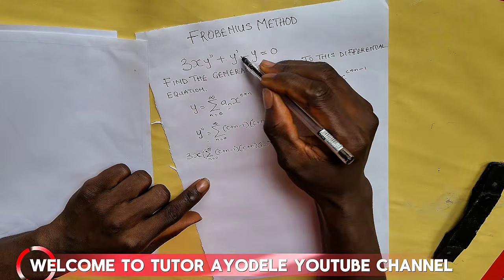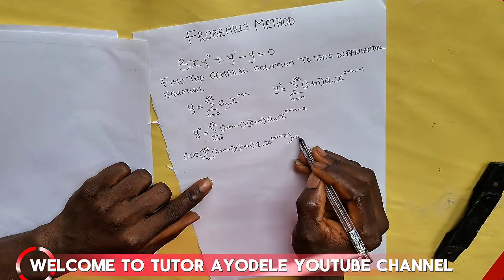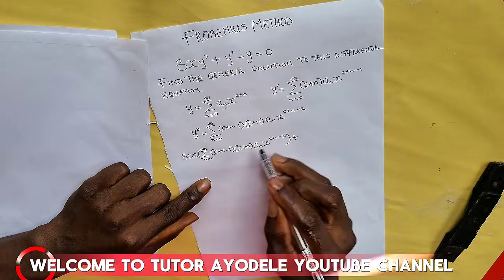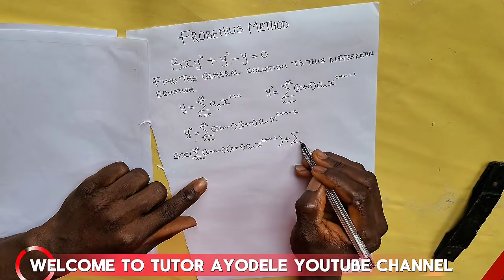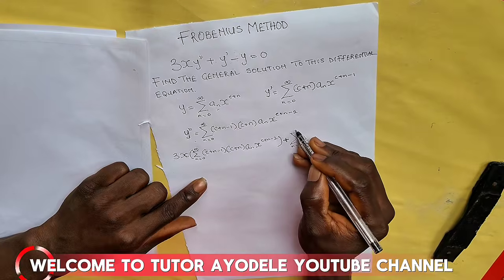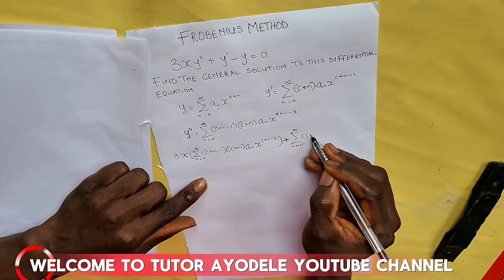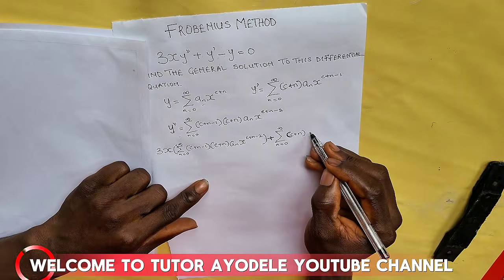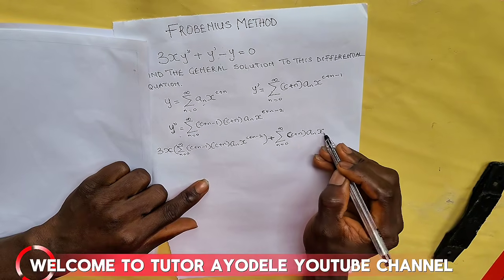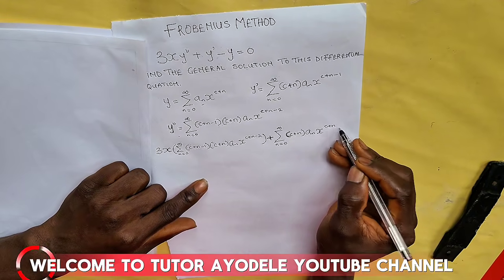Okay, plus y prime, right? So plus y prime. What is your y prime? You are given here now. You have your y prime as summation of n equals 0 to infinity of (c plus n) a_n x^(c+n-1).